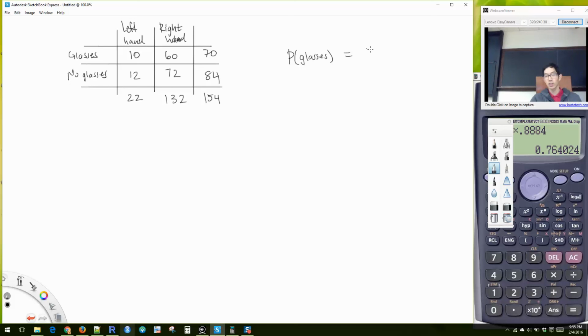Okay, and then what would be the probability of left-handed? And what is the probability of left-handed given glasses? Oh, the numbers I selected may not be the best example. Or I could say probability of no glasses given right-handed.